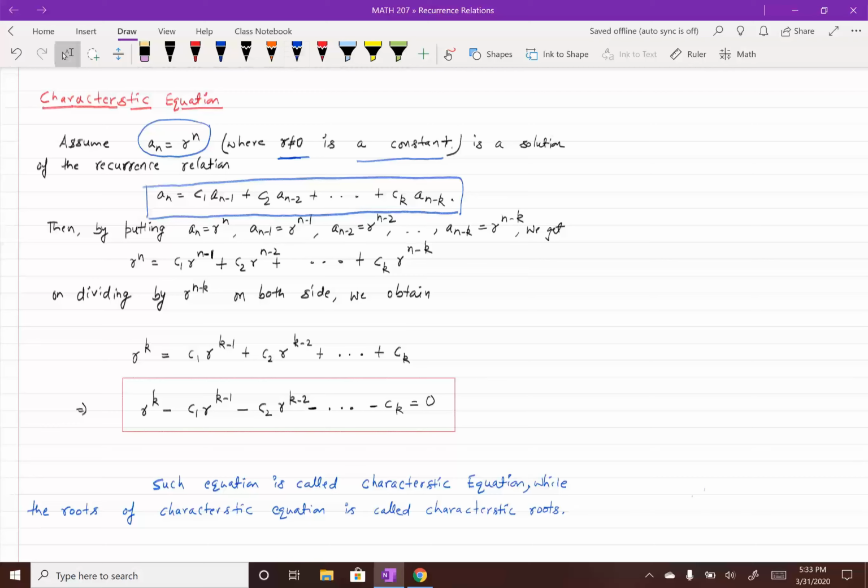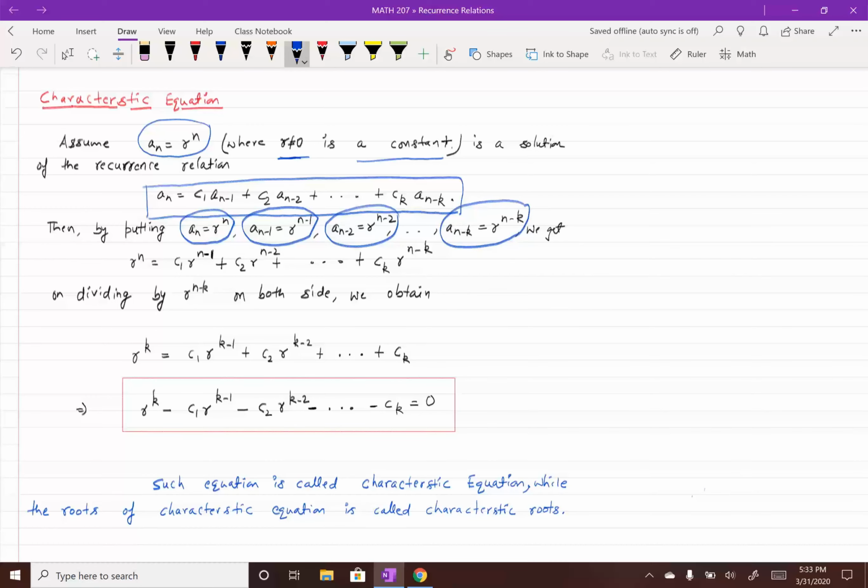Since you are assuming that a of n is equal to r to the power n is the solution of this linear homogeneous recurrence relation with constant coefficient, that means it is going to satisfy this recurrence relation. So you start by putting a of n equal to r to the power n. Then by following the same rule, a of n minus 1 becomes r to the power n minus 1, a of n minus 2 will become r to the power n minus 2, and a of n minus k will become r to the power n minus k.